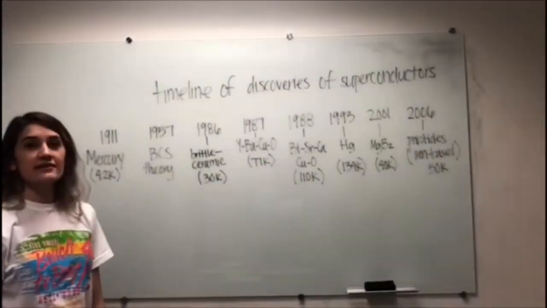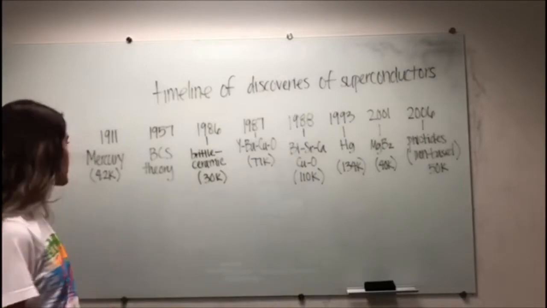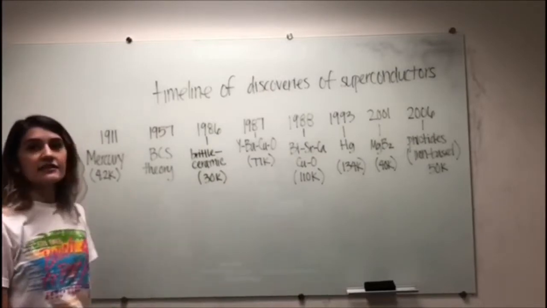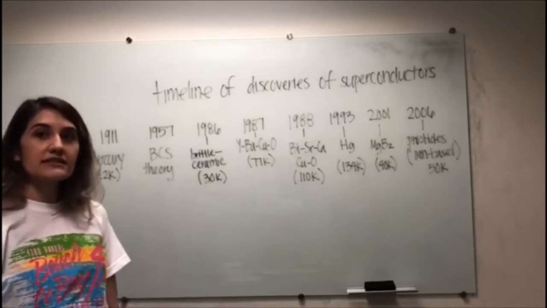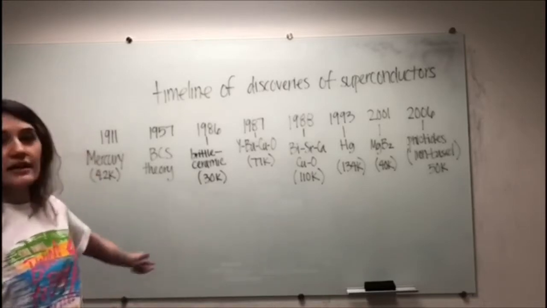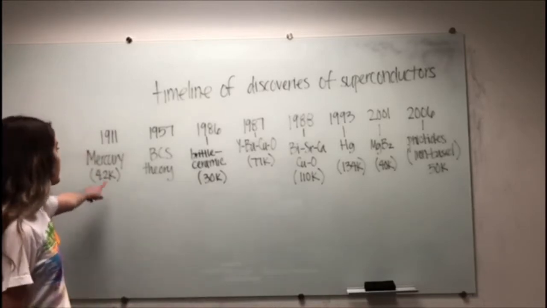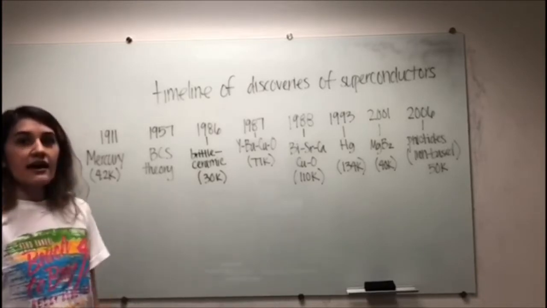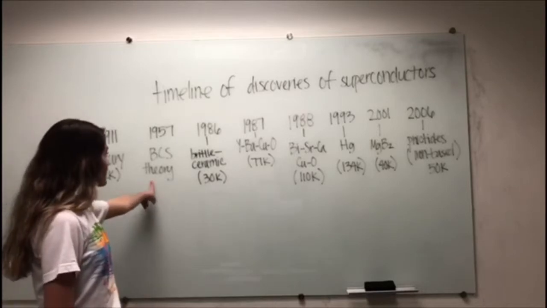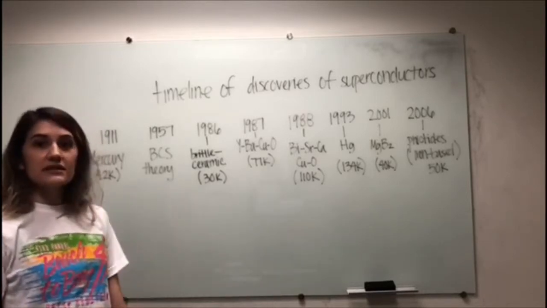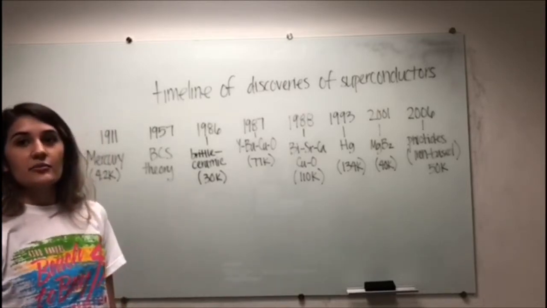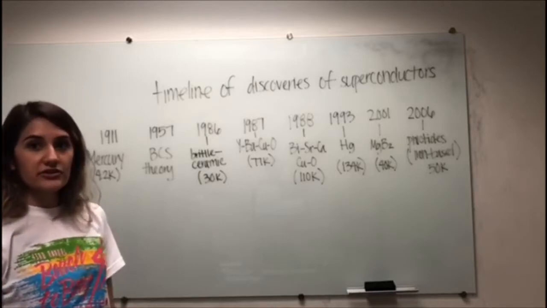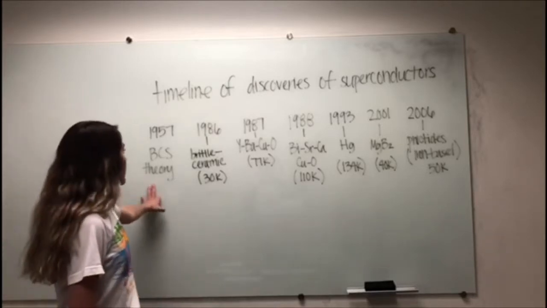I've drawn the timeline of discoveries of superconductors. In 1911, the discovery of the superconductivity phenomenon by Kamerlingh Onnes, who discovered that mercury's critical temperature was 4.2 Kelvin. Following that, in 1957, the BCS theory by Bardeen, Cooper, and Schrieffer was established.